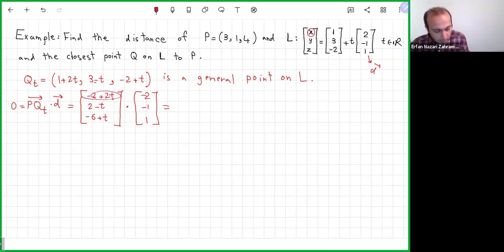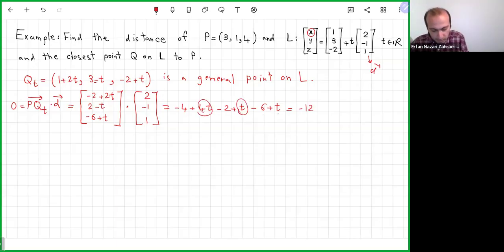Now, this times this, it's negative 4 plus 4t. This times this, it's negative 2 plus t. And this times this, it's negative 6 plus t. So adding the constants, negative 4, negative 2, negative 6, you get negative 12.